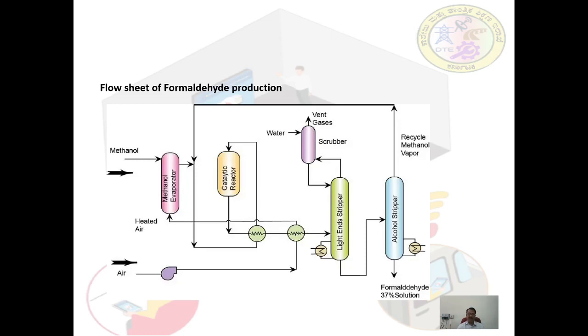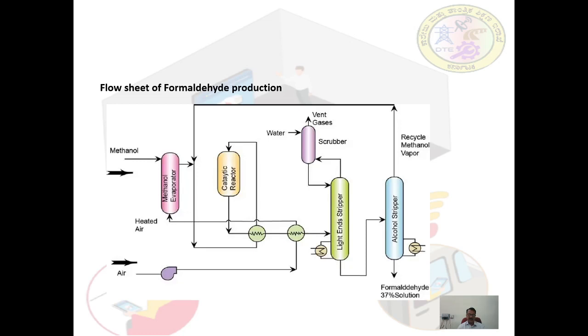After the reaction in the catalytic reactor, the vapor mixture at a temperature of 450 to 600 degrees centigrade reacts and produces formaldehyde, and it is absorbed in the absorption tower with water.